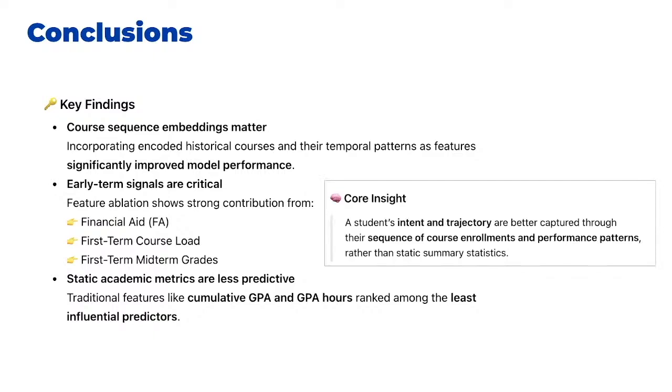Final insight is that a student's intent and trajectory are better captured through their sequence of course enrollment and performance pattern rather than a static summary. And this might be true for any of your projects that deals with time.